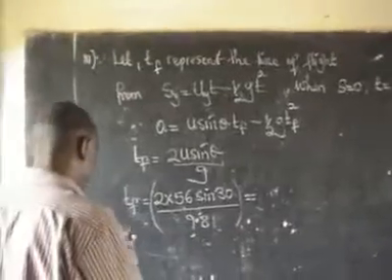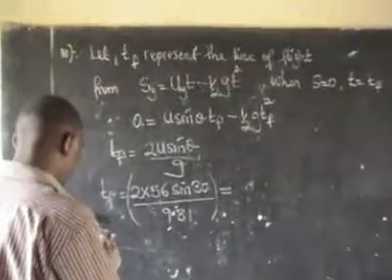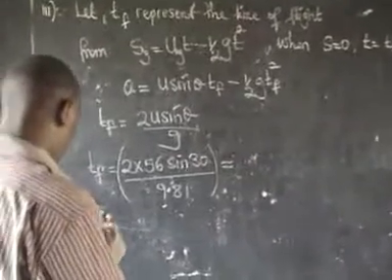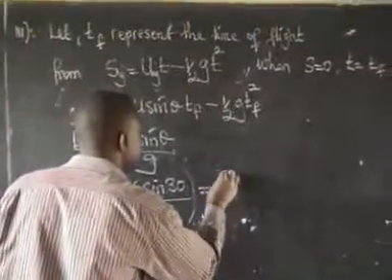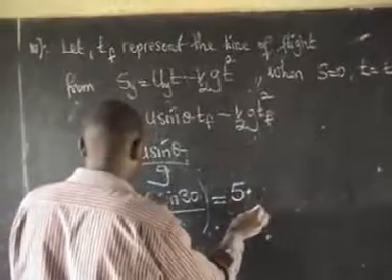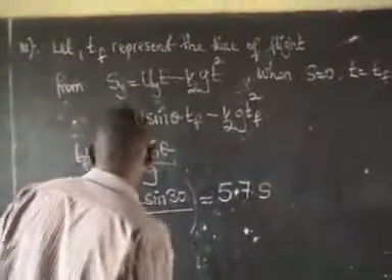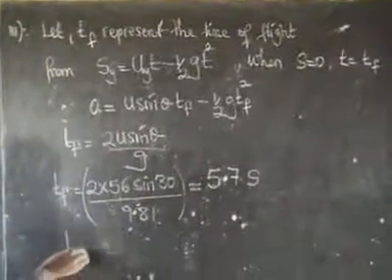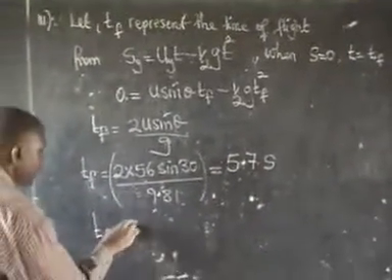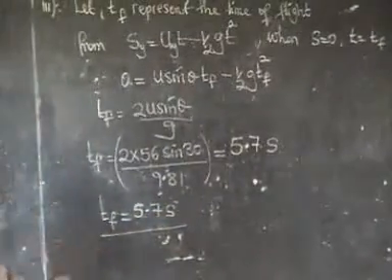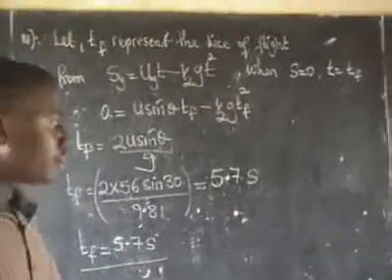Simplify that, and you get 5.7 seconds. So the time it takes for the projectile in the air is 5.7 seconds.